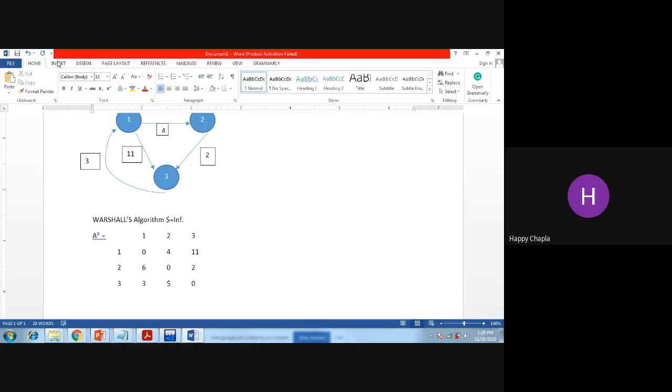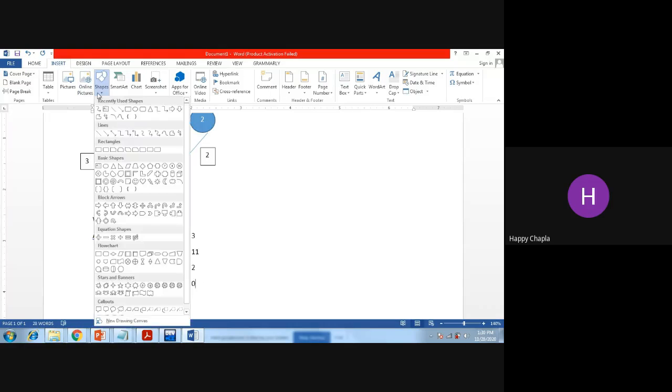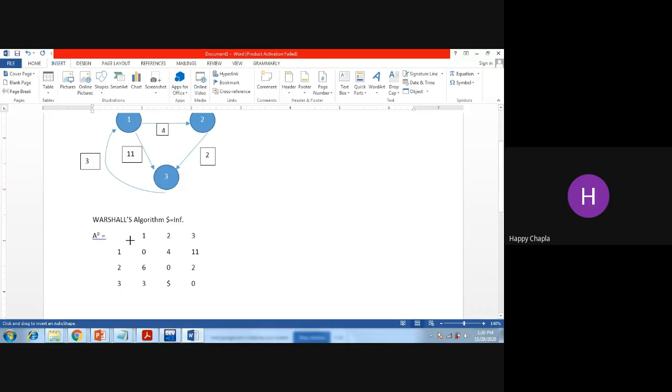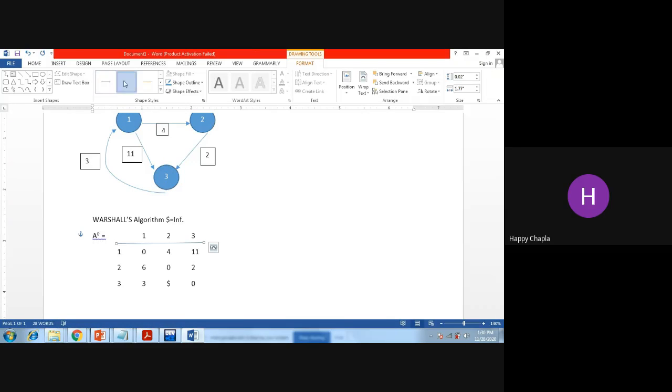Now if this is our path matrix, then the first time we only see direct paths. But the second time we must also see the indirect paths. Indirect path means we need to take a path via another node, via A of 0, 0 to 1.